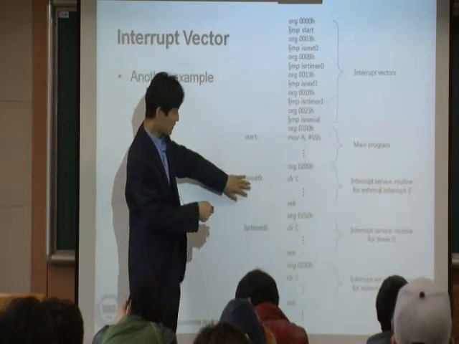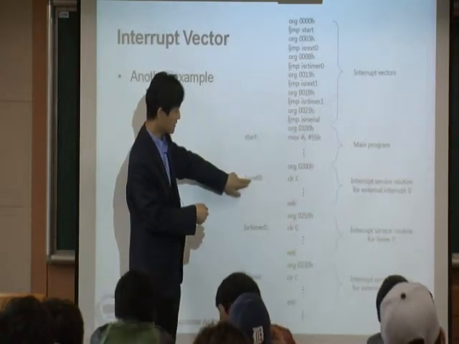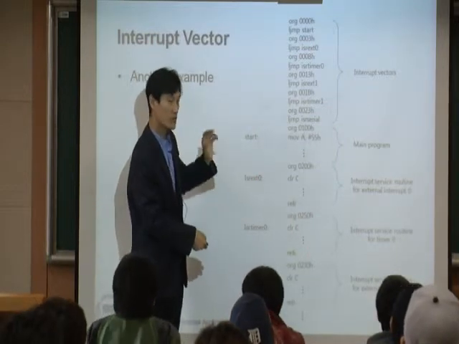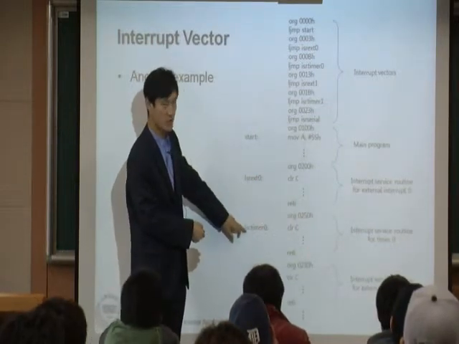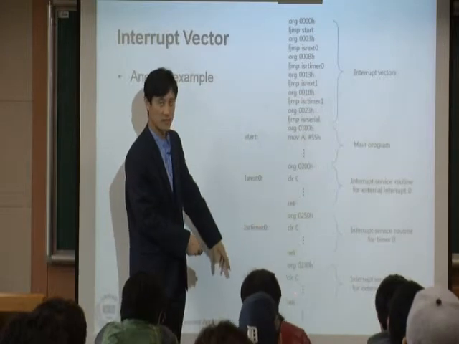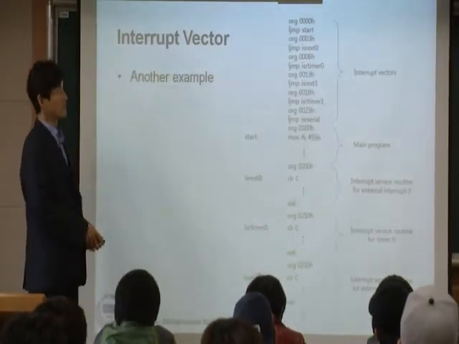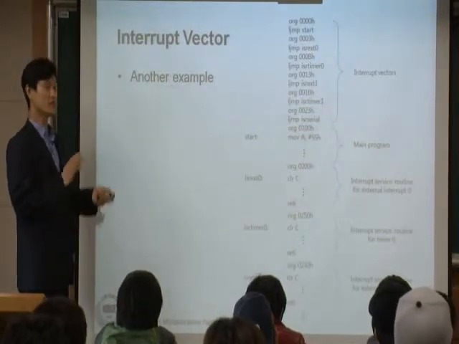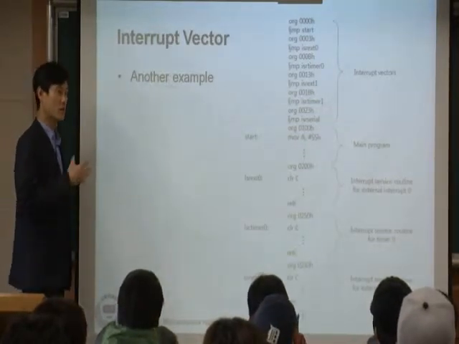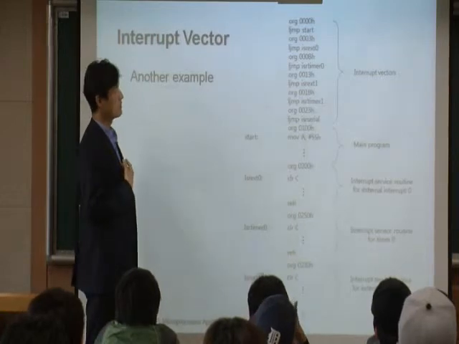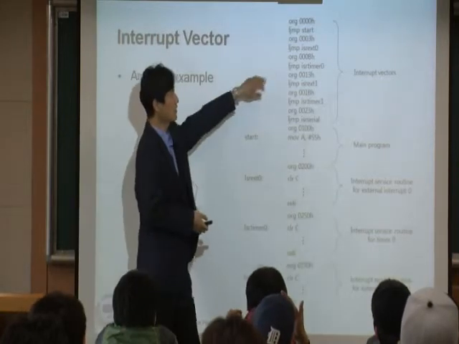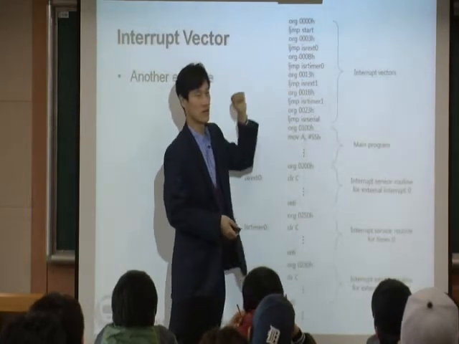So this is the actual interrupt service routine for external interrupt 0. And this is the actual interrupt service routine for your timer 0 interrupt. Something like this. Okay? You don't have to have all these 5 interrupts. If you want, maybe you want to enable only timer 0 and external 0.